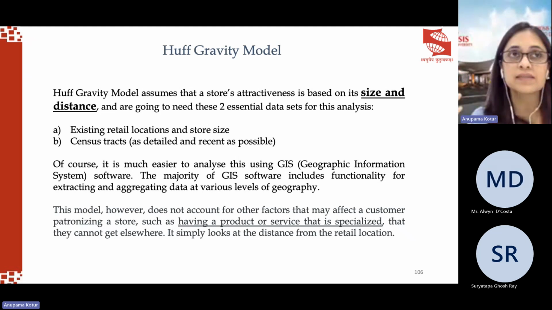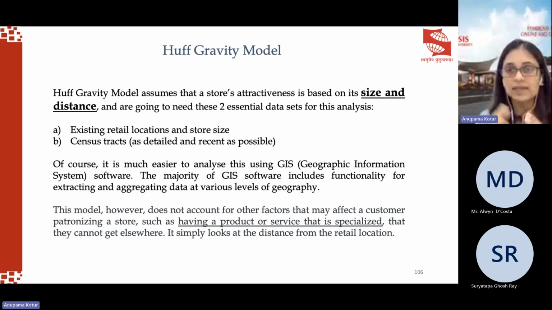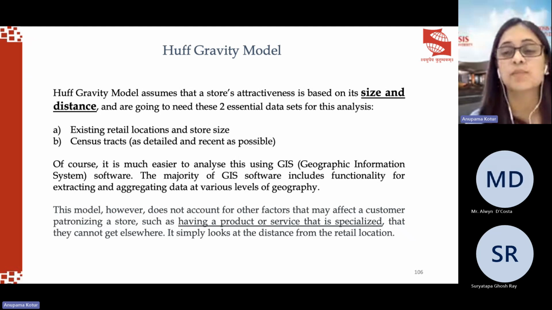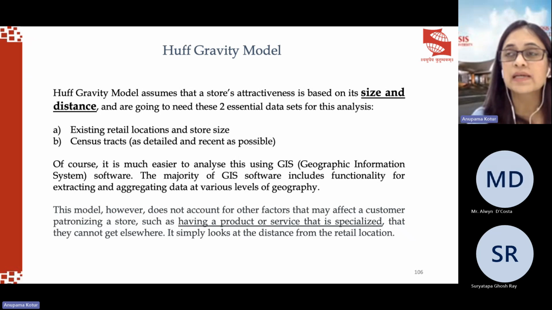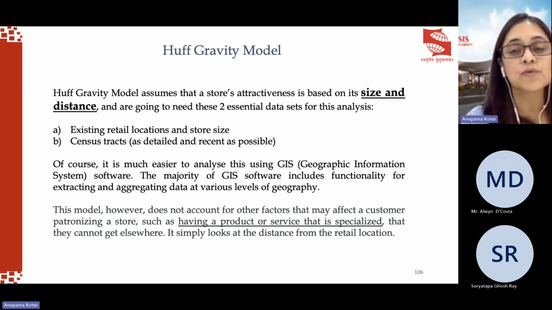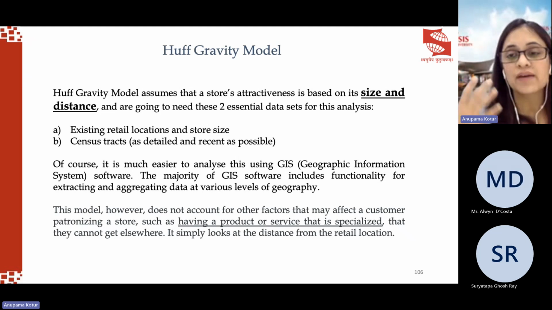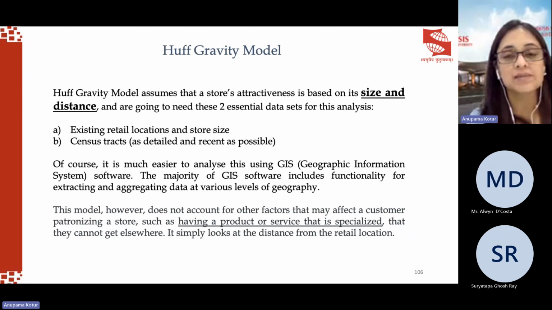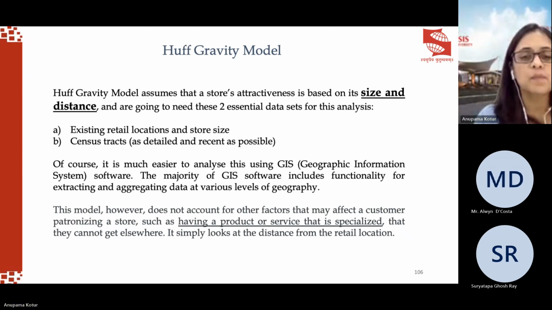If the probability percentage, let's say, is 50, it's still excellent. In a trade area that has about 100 residents, 100 homes, if the probability percentage that you've arrived at is 50, that means of the 100 households, you can estimate at least 50 households coming to your store to buy whatever they need to buy, which is still an excellent number, right?